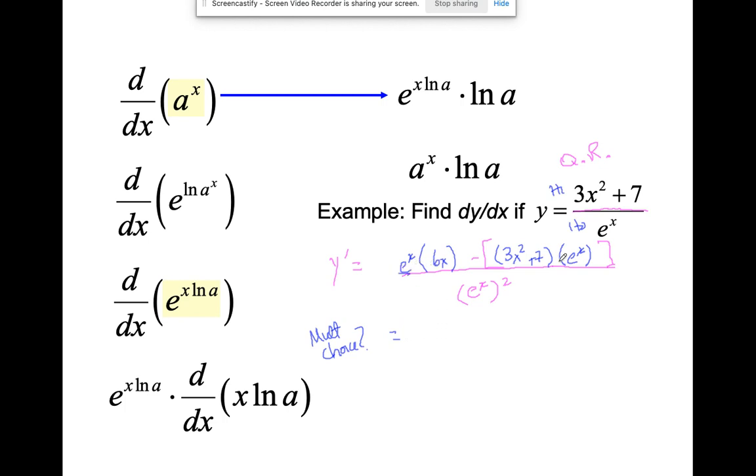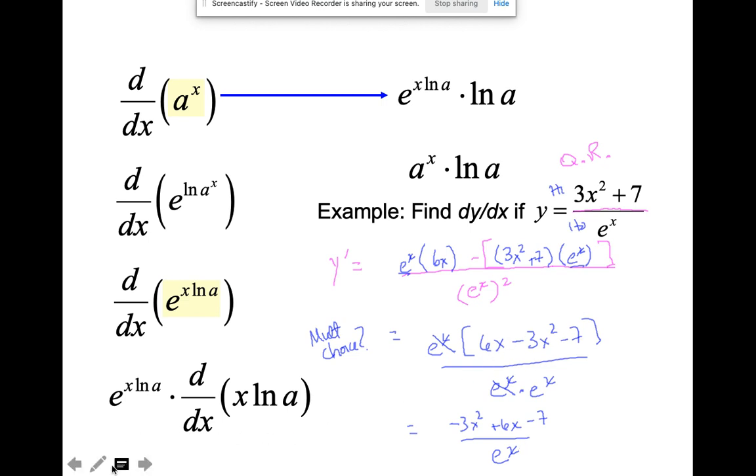Well, notice there's an e to the x. They could factor it out of the numerator. And this is e to the x times e to the x. So this might look like this.